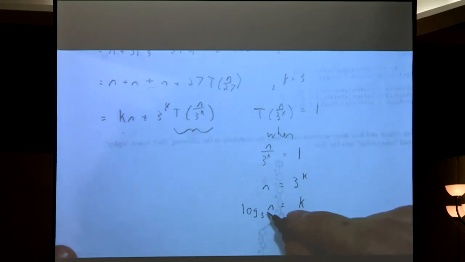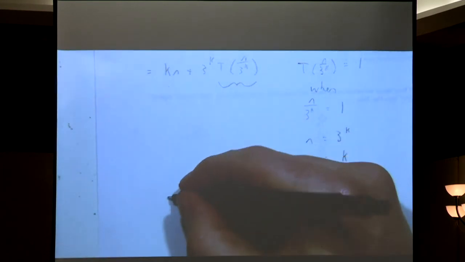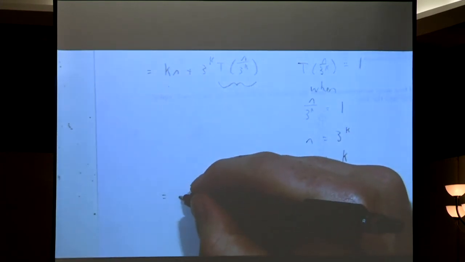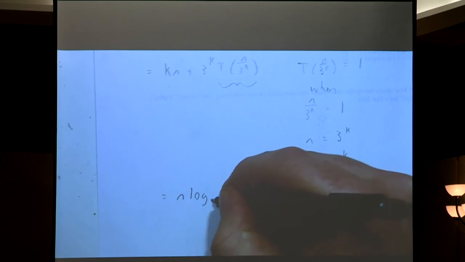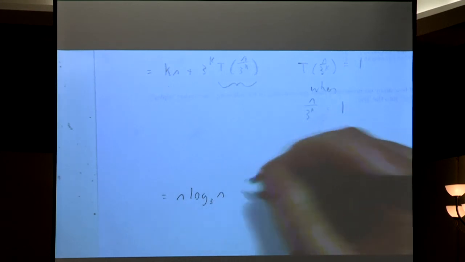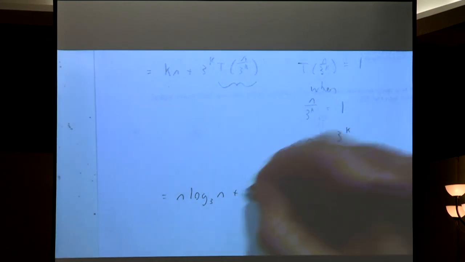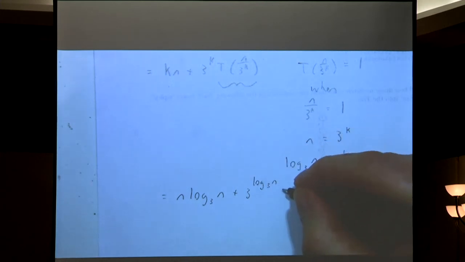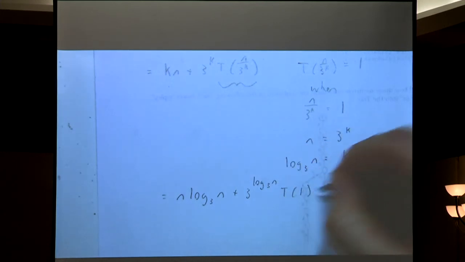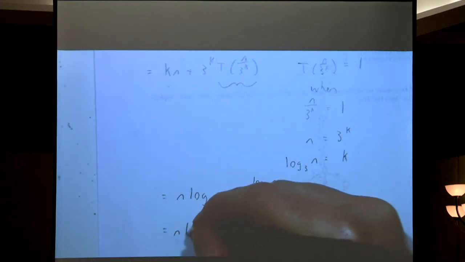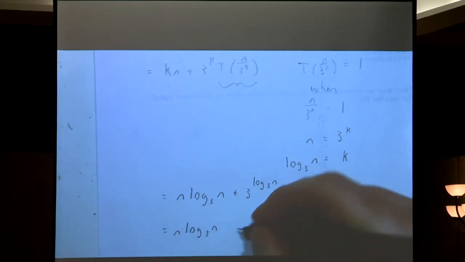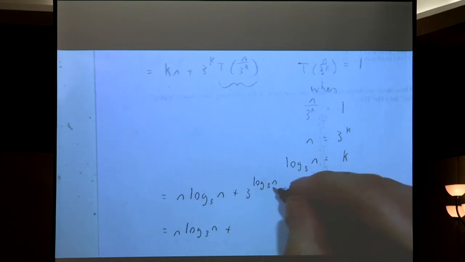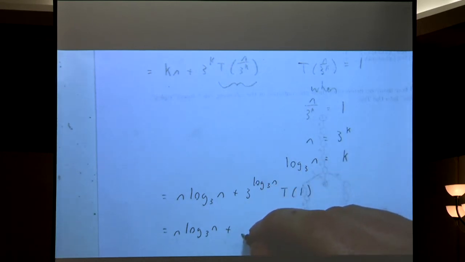And that's k equals log base 3 of n. So I can substitute that in. And I've got n log base 3 of n plus 3 to the log base 3 of n times T of 1. This is n log base 3 of n plus 3 to the log base 3 of n, which is just n, plus n.